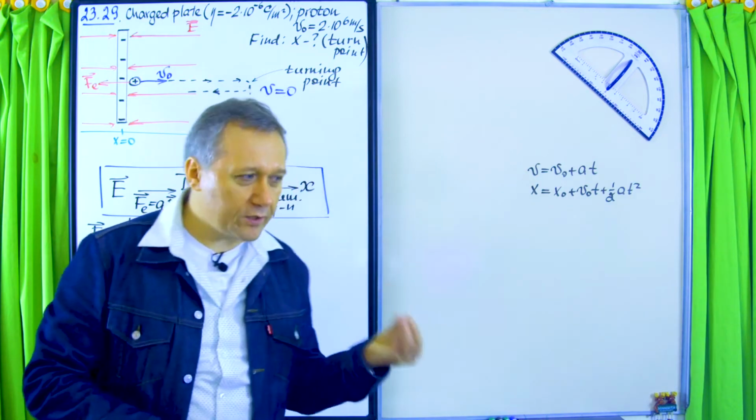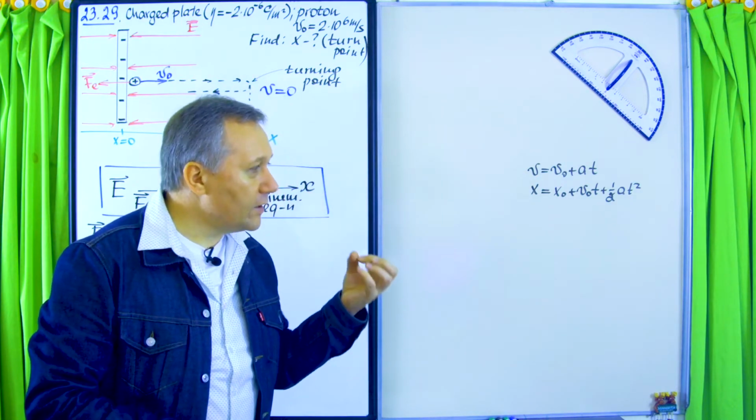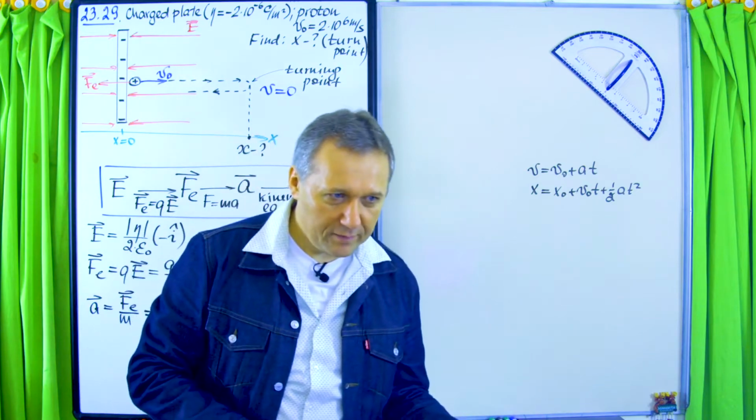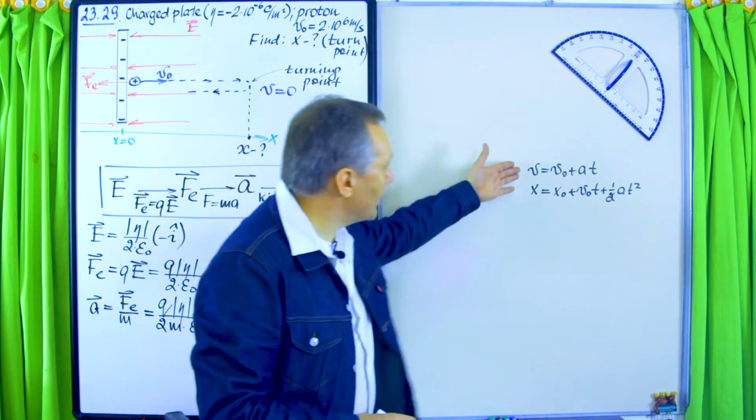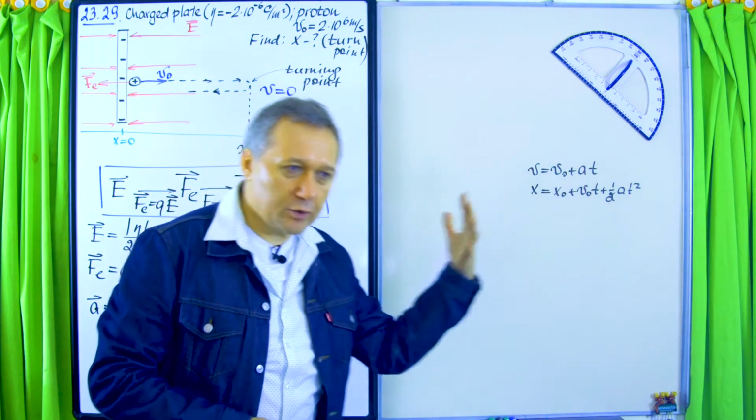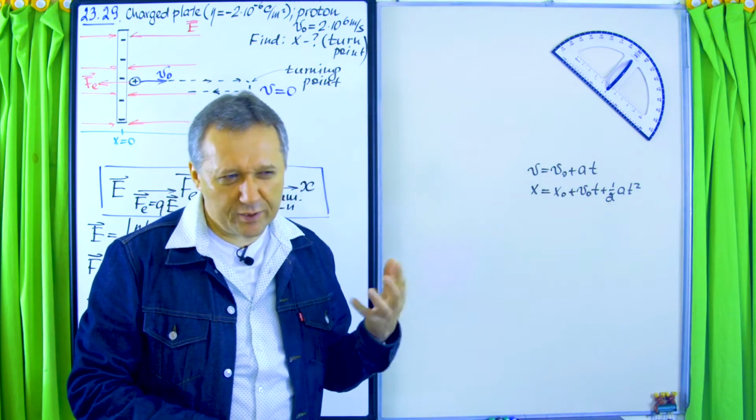But there are problems where information about time is not given, and the question is not about time. Of course, you can combine these equations during the solution, but it's kind of tedious, right?